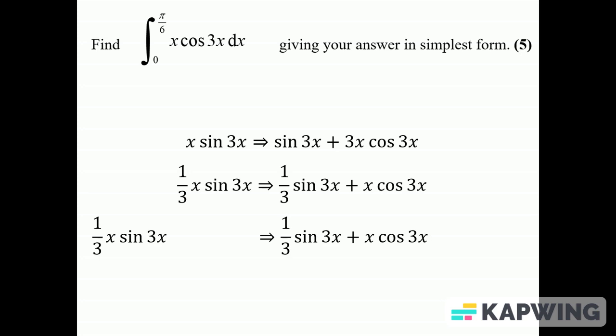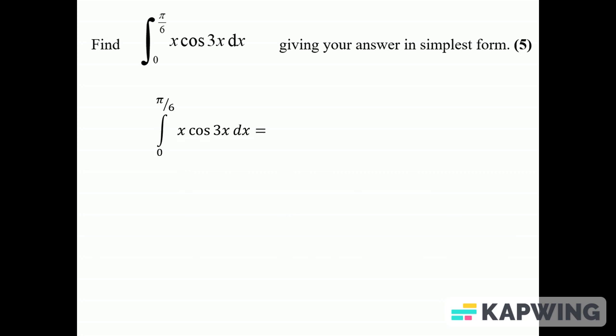So I'm getting there. But I don't want that third sine 3x. I want to sort of subtract that. So I need to differentiate cos 3x. But if I differentiate cos 3x, I get minus 3 sine 3x, so I'm going to have to put a plus a ninth in front. So I don't end up with minus 3, I end up with minus a third.